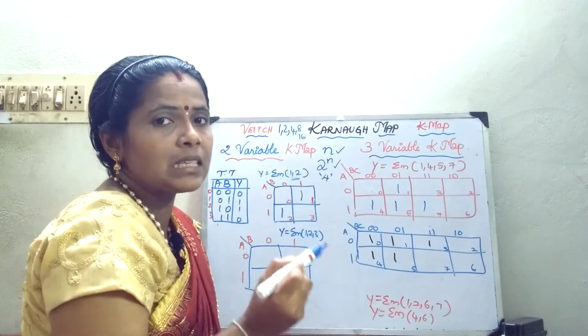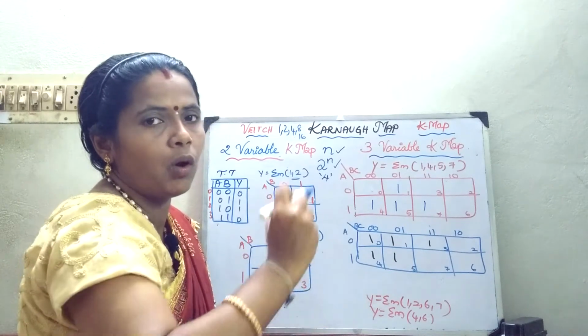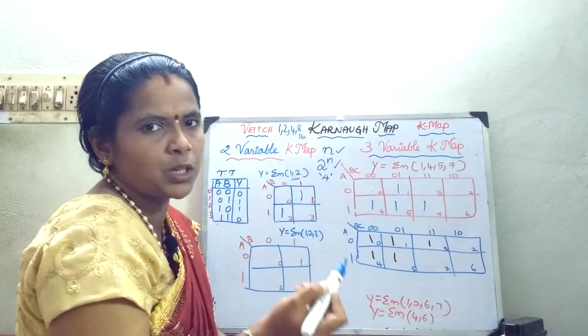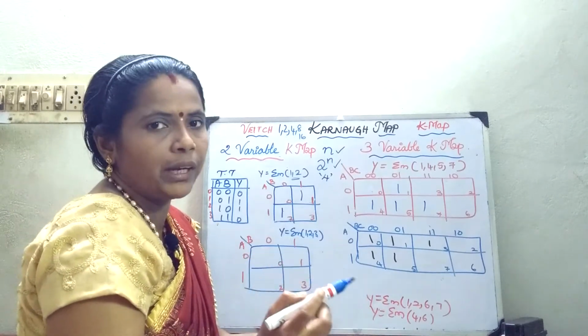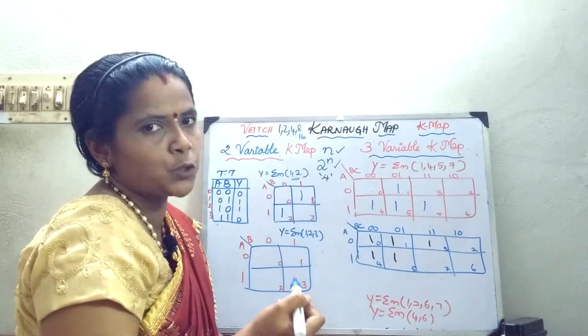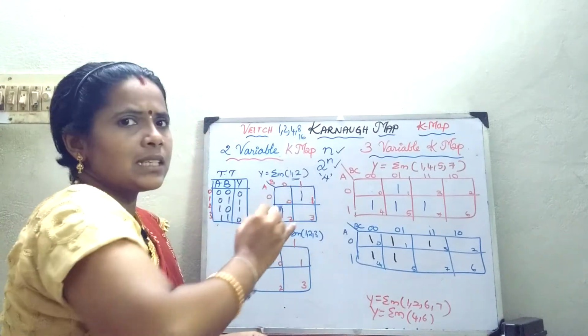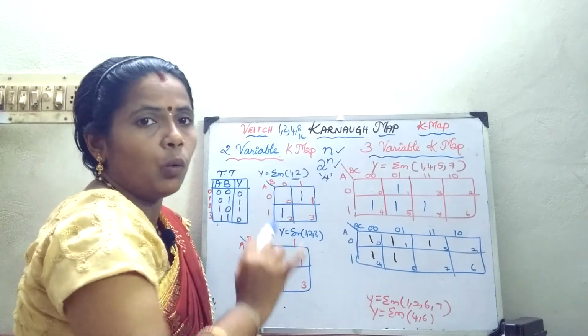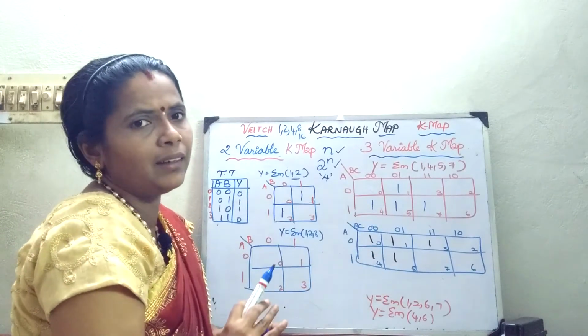Why? Because if I overlap unnecessarily, the number of expressions will increase. If needed, you use the overlapping so as to reduce the expression. Whenever I go in for a higher cell grouping, the expression will get reduced.